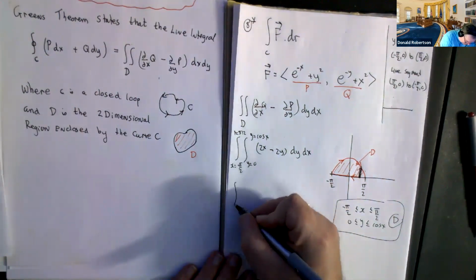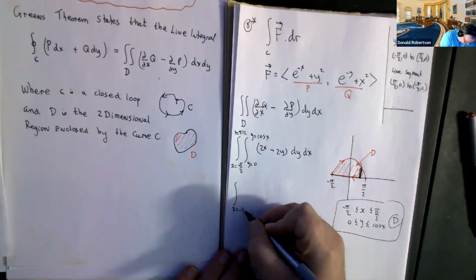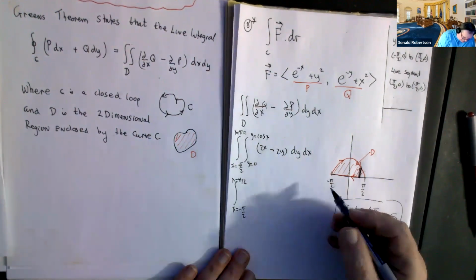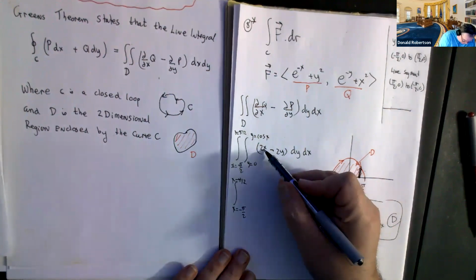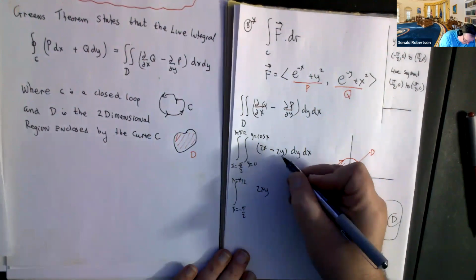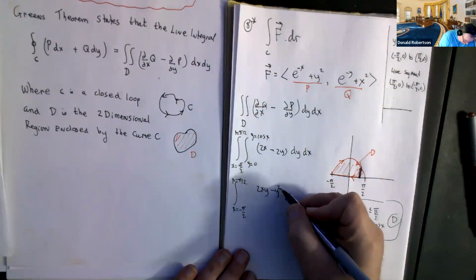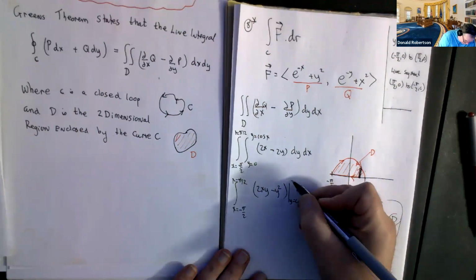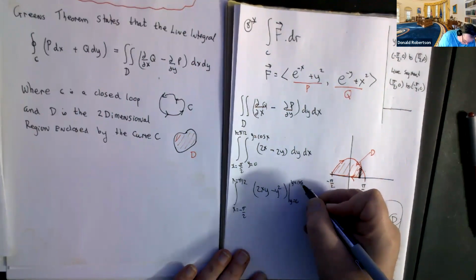Let's see what we can get. I think I'll take it one line further. If you do this guy with respect to y, you get 2xy, and if you do this guy, you get -y². And you're going to evaluate it from 0 to cosine x.